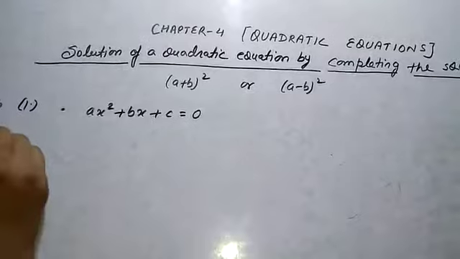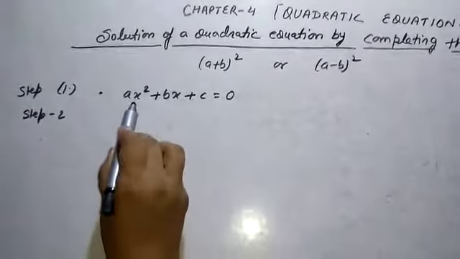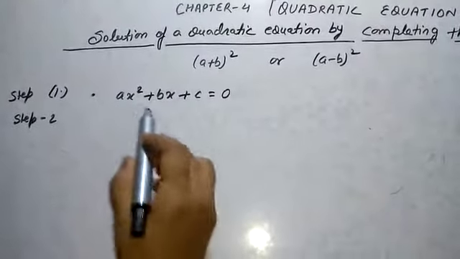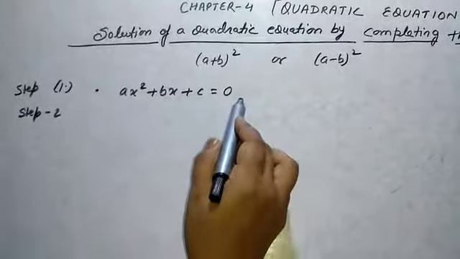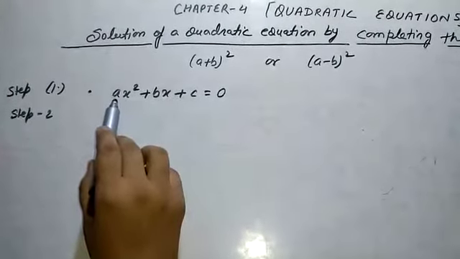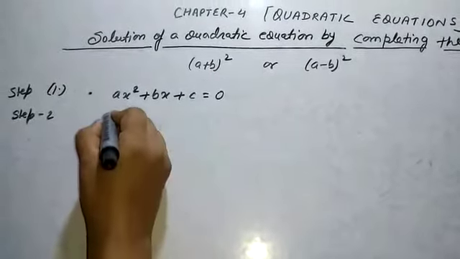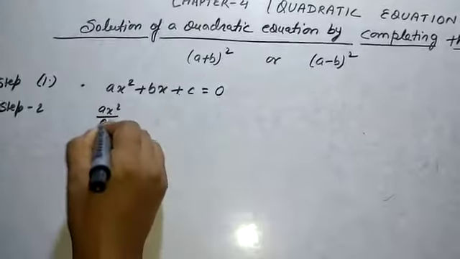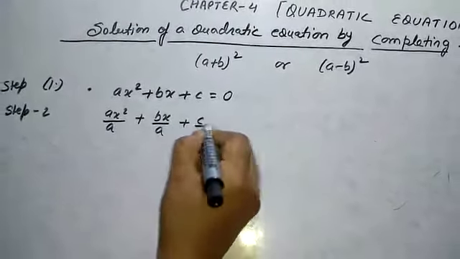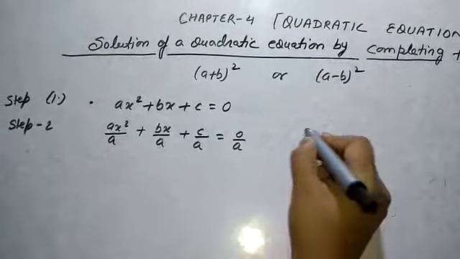Now, the second step is: whatever coefficient you have here, like here the coefficient of x square is a, we will divide the whole equation by a. So, ax square by a, bx by a, c by a equals to 0 by a.